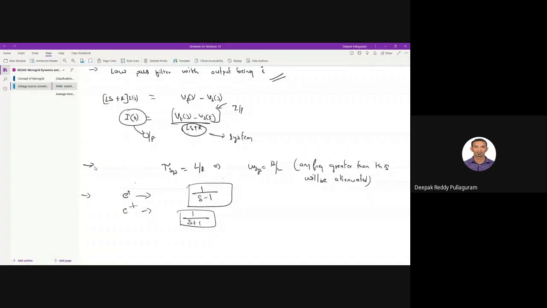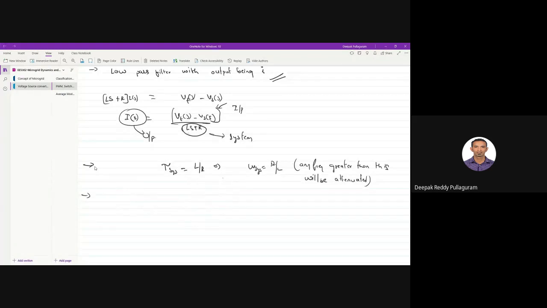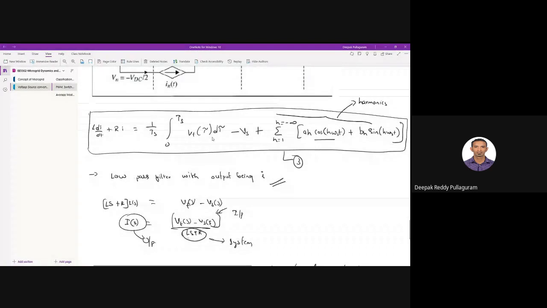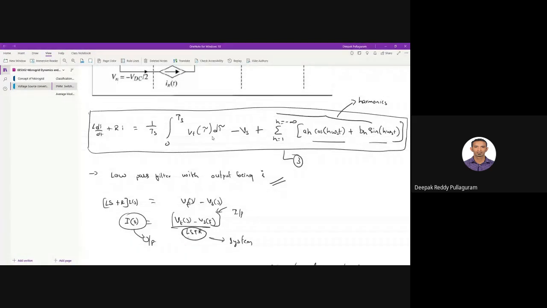I think very few got an idea about what is system and what is signal here. Here the system is linear, the signal is non-linear. Maybe the output of the system is non-linear, but the system entirely is a linear system.